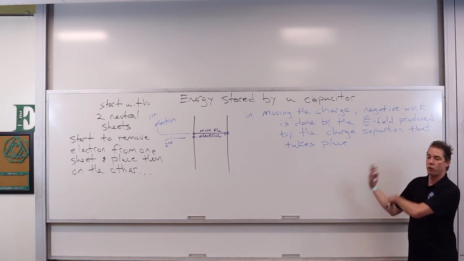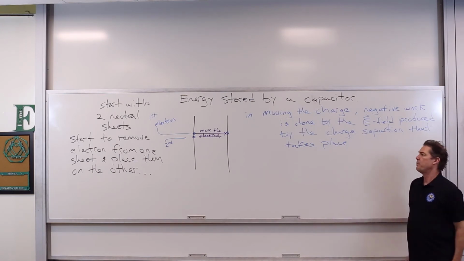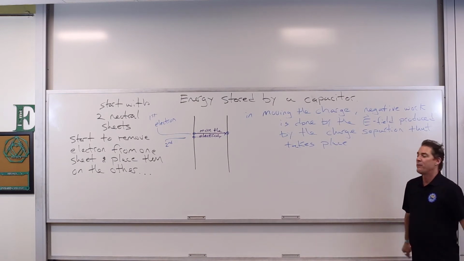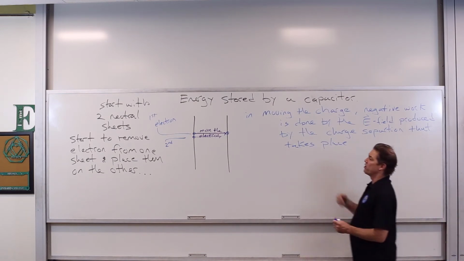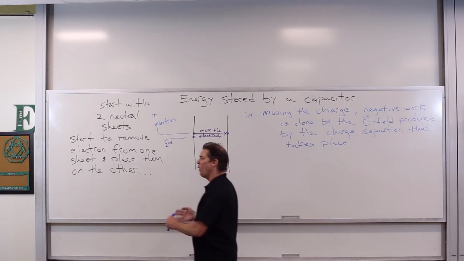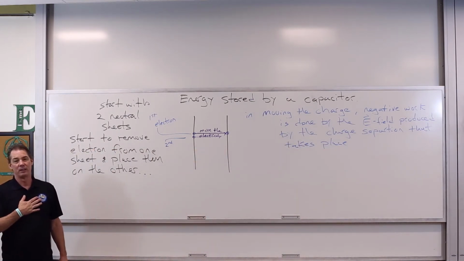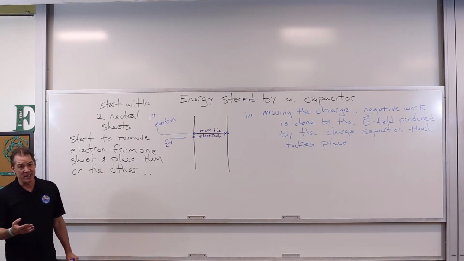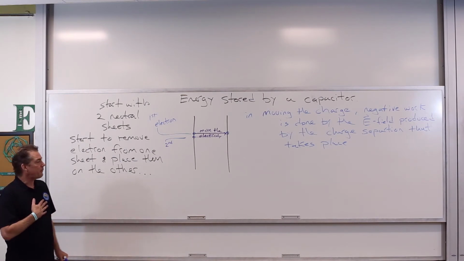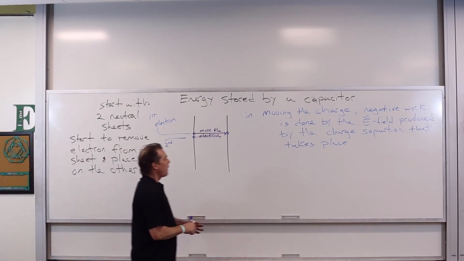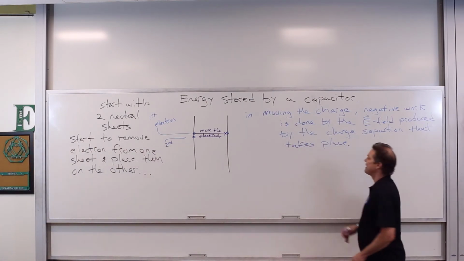And the electric field gets stronger and stronger, and the potential difference that we're moving the electron through gets greater and greater. So that's the idea with the energy stored. It's equivalent to the overall work done against the electric field, or the opposite of the work done by the electric field is the energy stored. All right, so that's the idea with this.